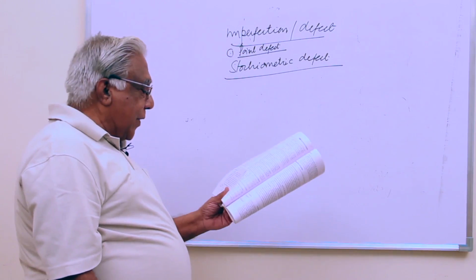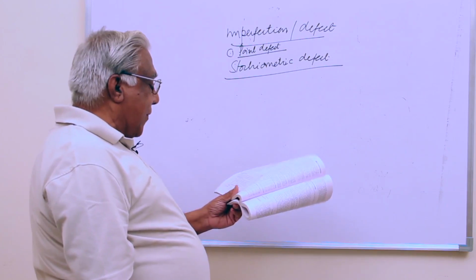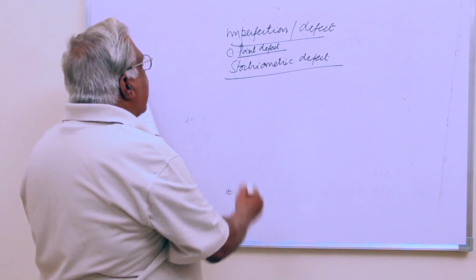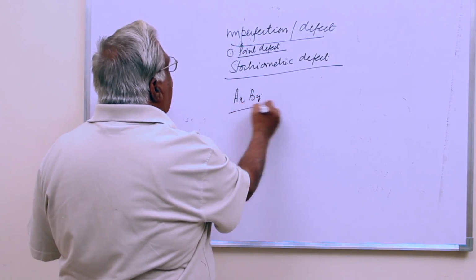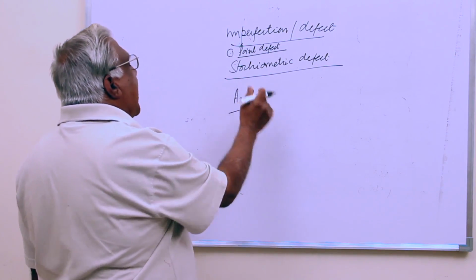So what are the point defects we talk about as a stoichiometric defect? Let us say the number of atoms is X of A and Y of B, where X and Y give the ratio of A and B in that crystal.